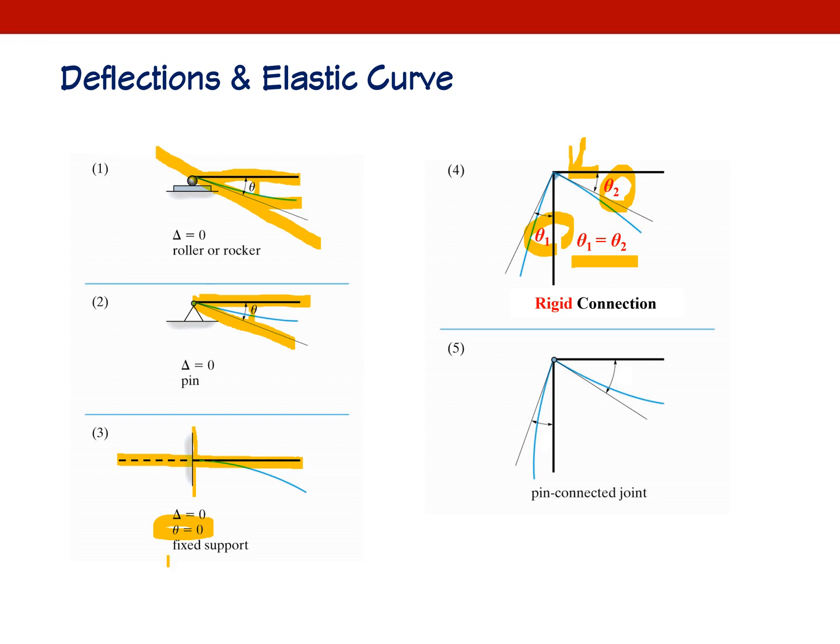As you see here, in a fixed connection there will not be any rotation, so the deflection angle will be 0. But in a rigid connection, like a frame beam to column connection, it will rotate, but the rotational angle will be the same. If it's pin connected, of course, it is not rigid, so I would call it a non-rigid connection. In a non-rigid connection, the rotational angle of the column and the rotational angle of the beam will not be the same.